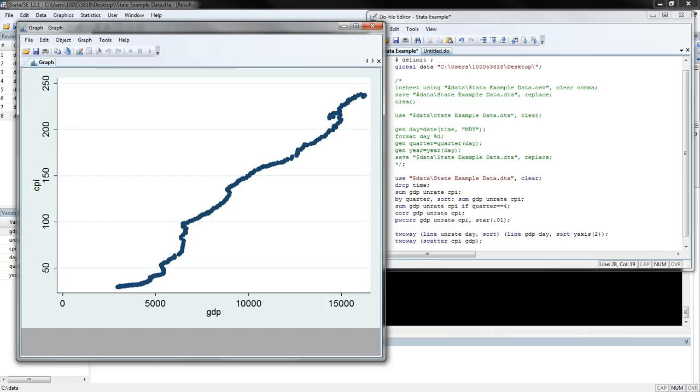As GDP gets higher, the CPI gets higher. So we see almost this linear trend, something that moves very closely together, and that's what the correlation told us anyway. So looking at a line graph tells us how things move over time, while looking at the scatter plot tells us the visual correlation between GDP and the CPI.